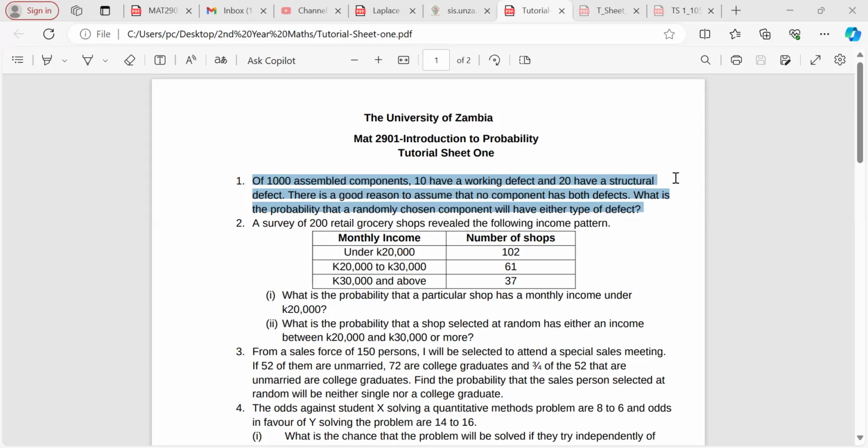Okay, so let's look at how we answer this. That was question 1. Let us name the events.